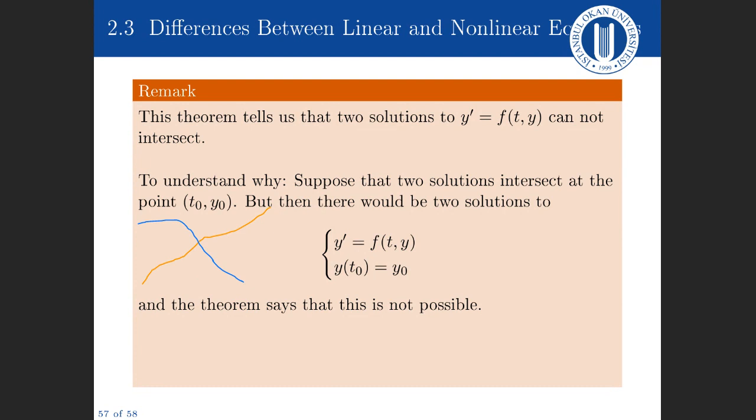And suppose that they are intersecting at the point t0, y0. But if this was true, then there would be two solutions to this initial value problem. And the theorem says this is not possible. The theorem says there exists a unique solution.